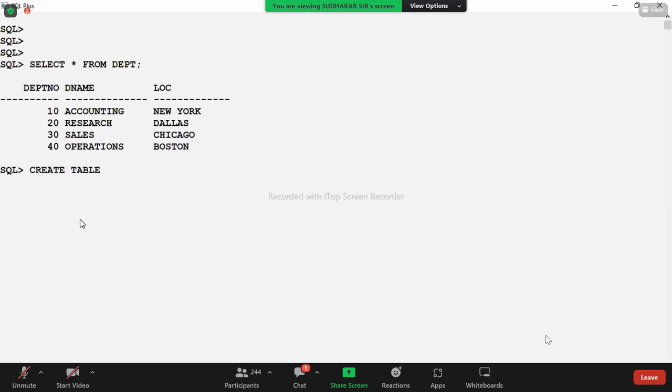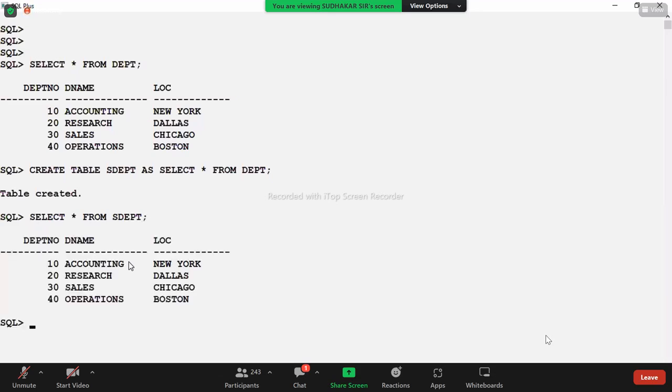Create table with a table name, suppose SDPT, as select star from DPT. One more table is created. What is the new table name? SDPT. So select star from SDPT.